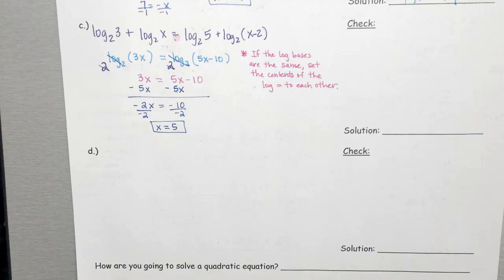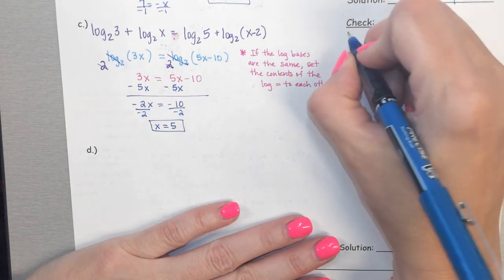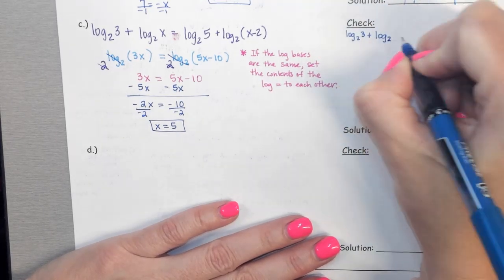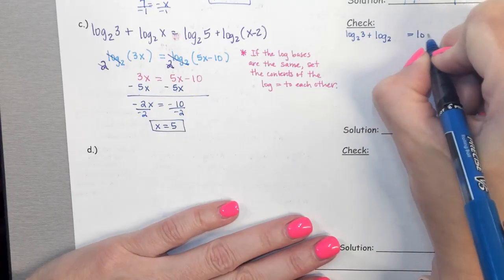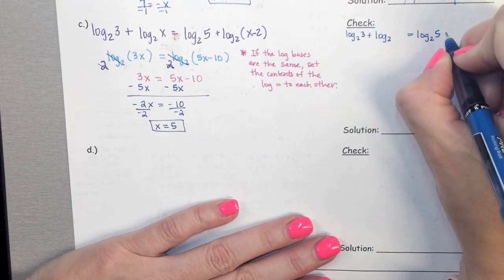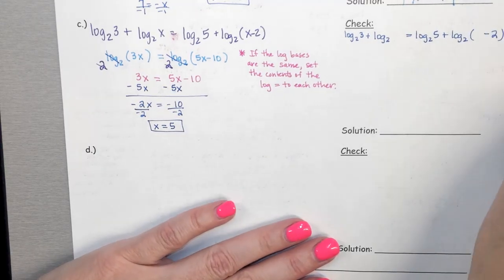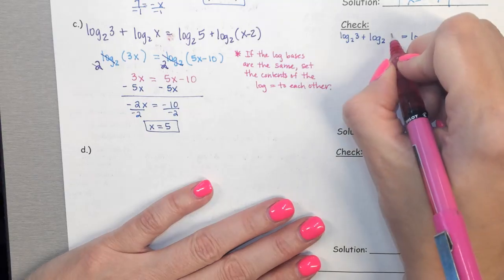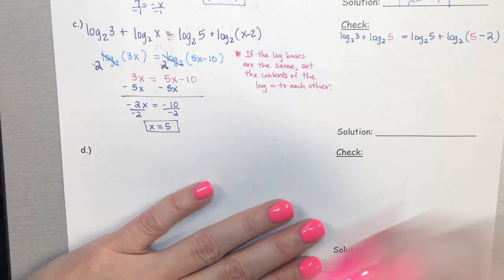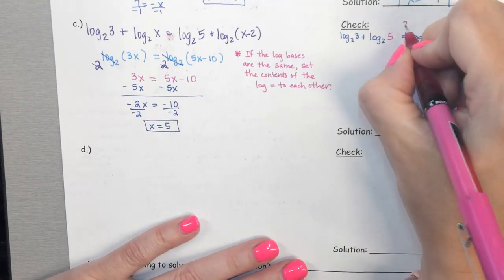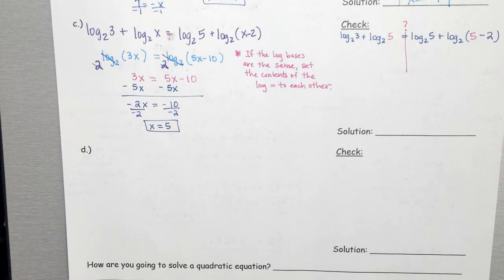All right, and then our check for this one's going to look a little bit different. So we have log base 2 of 3 plus log base 2 of x equals log base 2 of 5 plus log base 2 of x minus 2. Okay, so I am plugging in 5 and I am plugging in 5. Again, we don't know if they're equal, so we are only going to do one side at a time.